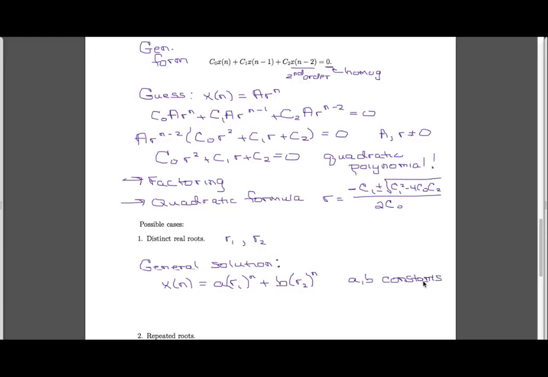The constants little a and little b are determined by the initial conditions.